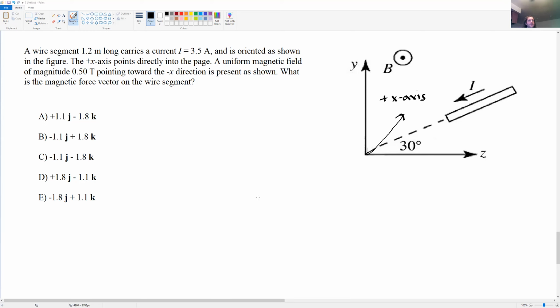Let's commit to an answer. We have 2 people left. Okay, commit to an answer. Commit to an answer, doesn't matter if it's wrong.